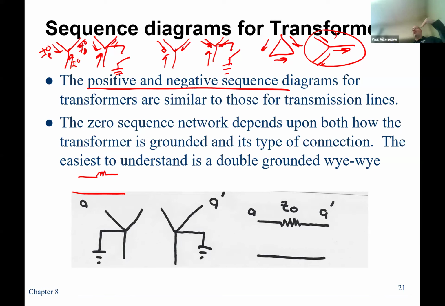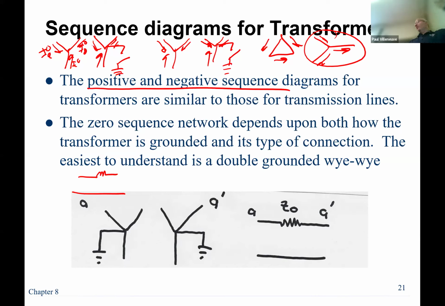Because Kirchhoff's current law says the sum of the currents into the node equal the sum of the currents out of the node. So no current out of that node. So this impedance acts like an infinite source. There is no connection. So you can't actually have current flowing through ground.